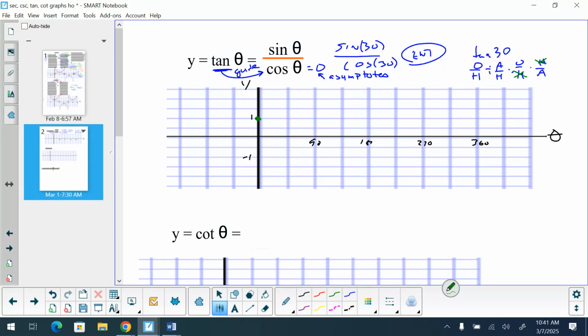It's the same graph we just did. We still get our same graph. Okay, amplitude of 1, period of 360, vertical and horizontal phase shifts both of 0.